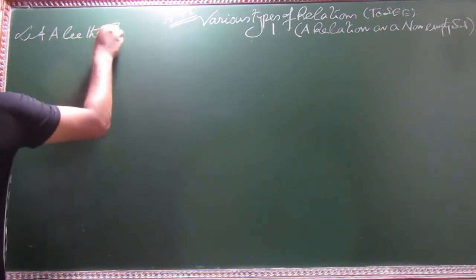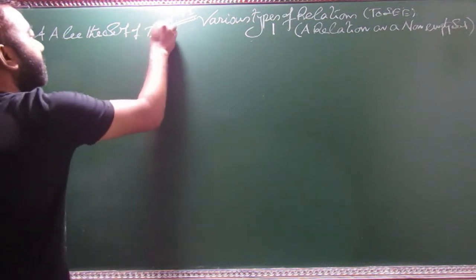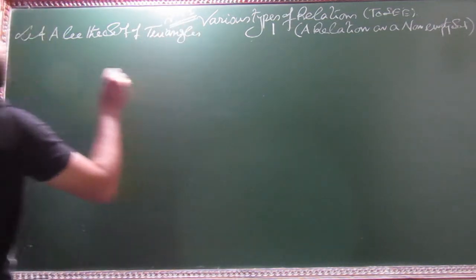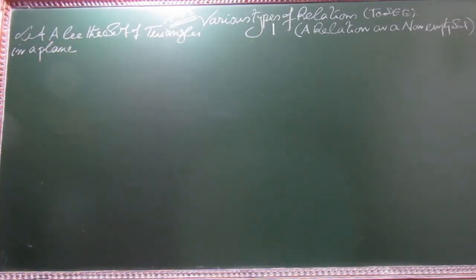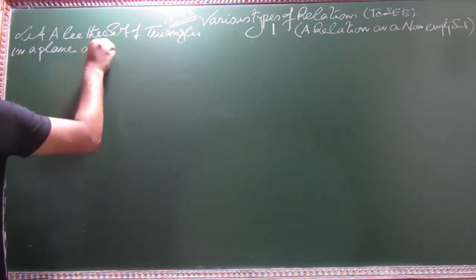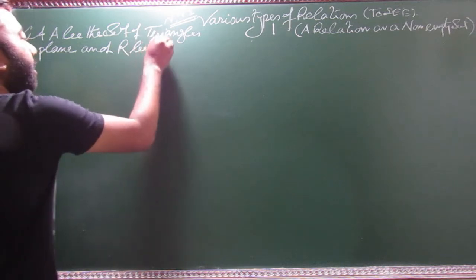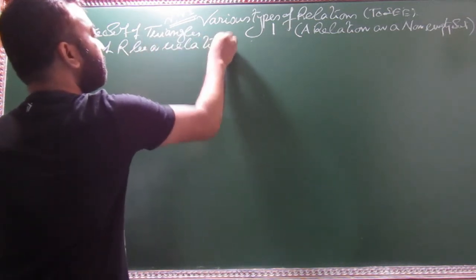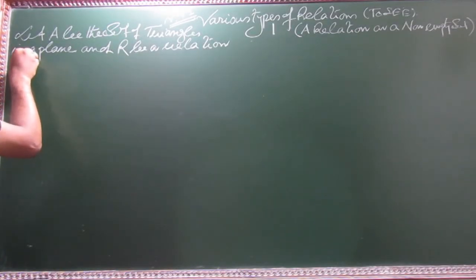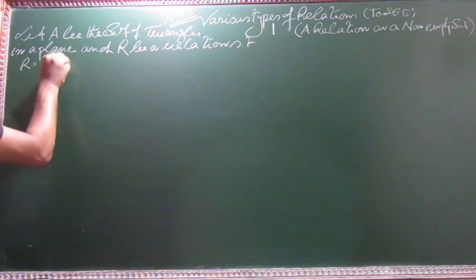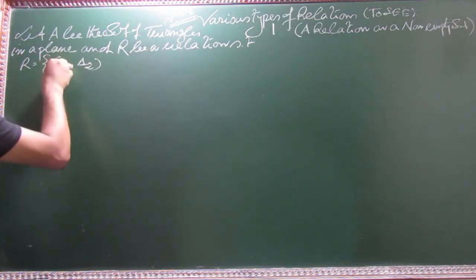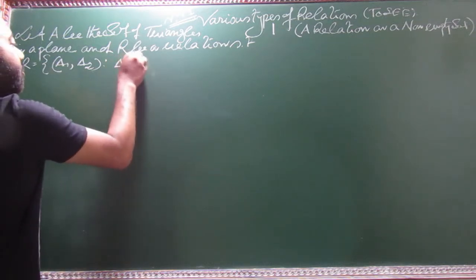Let A be the set of triangles in a plane and R be a relation such that R is del 1 comma del 2, where del 1 is congruent with del 2.